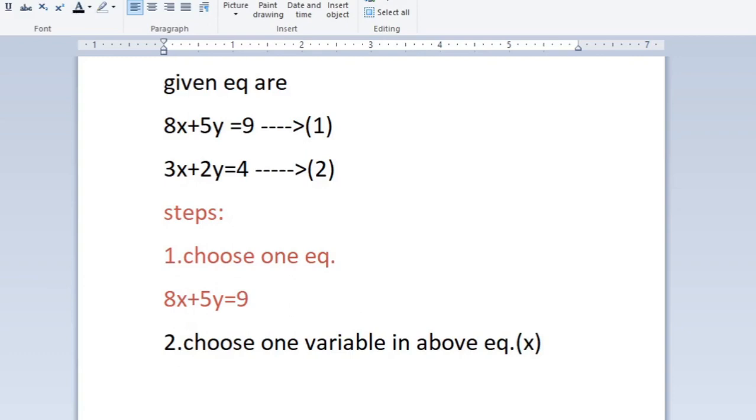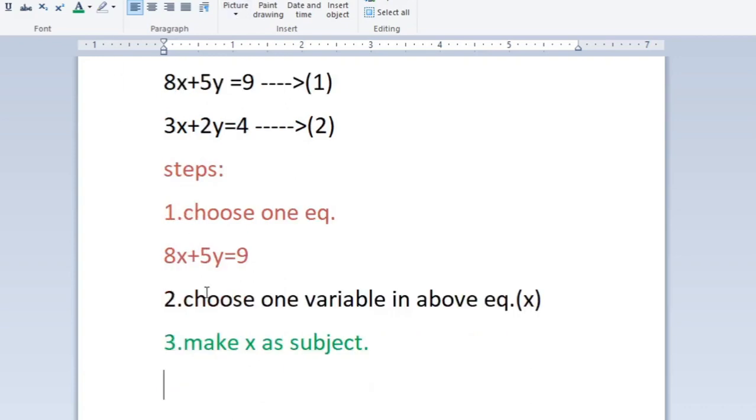Then step 3 is you have to make this x the subject. Therefore, this 5y is to be transposed to RHS. Then what happens? 8x is equal to 9 minus 5y, as plus 5y becomes minus 5y.